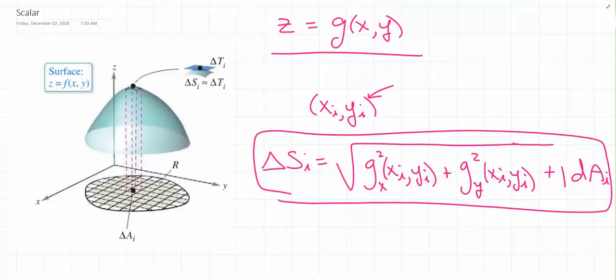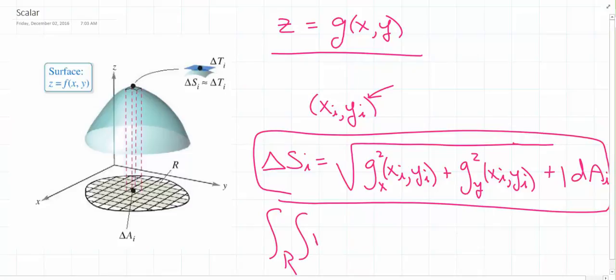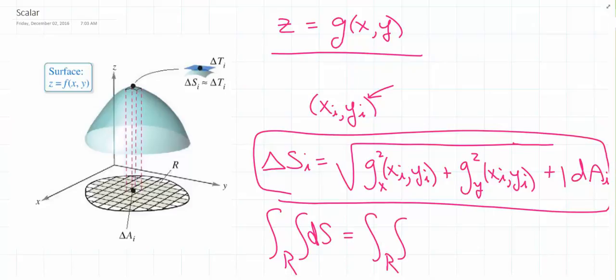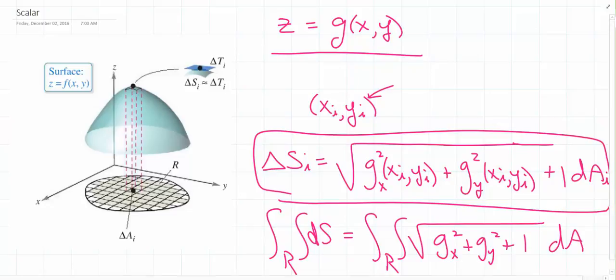And then, of course, if we add up those areas using integration, what we get for surface area is ds, which can be written this way over this region: the square root of gx squared plus gy squared plus 1 dA.